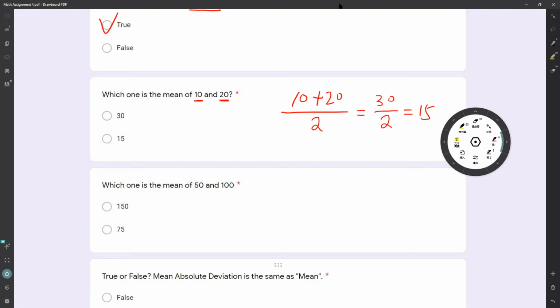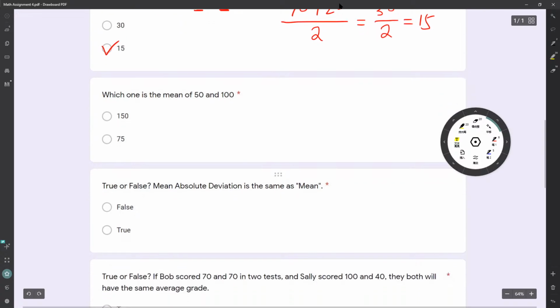And that's the mean, which is 15. So to find the mean, add things up, then equally divide among everyone. Next, what is the mean of 50 and 100? So again, we have two numbers. Let's imagine this time Bob has 50 candies and Sally has 100 candies.